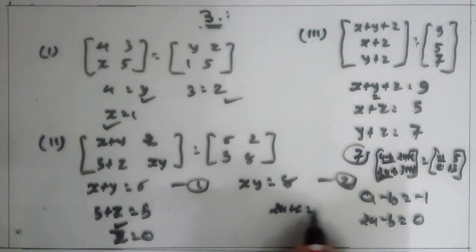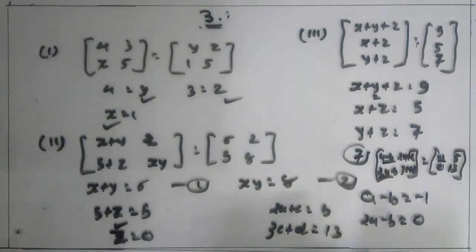Using the value of A in this equation, we get C, and the value of C in this equation gives D. Think how to solve this, and complete it yourself.